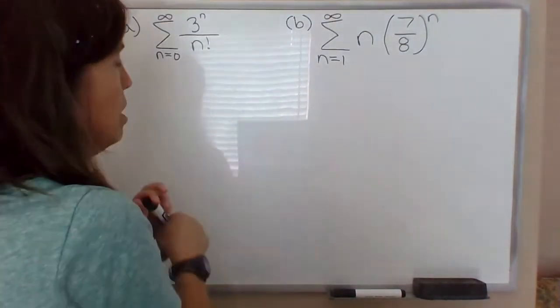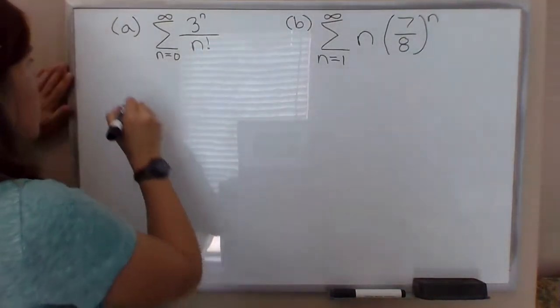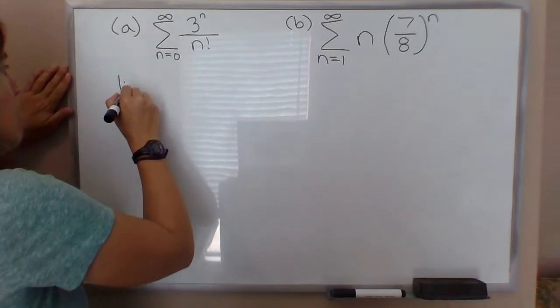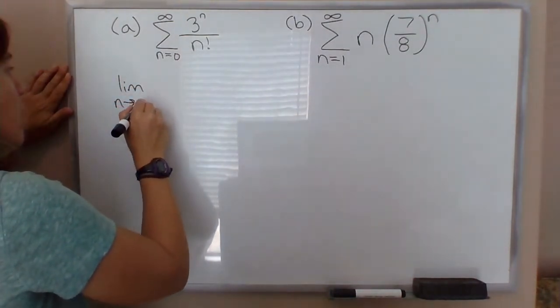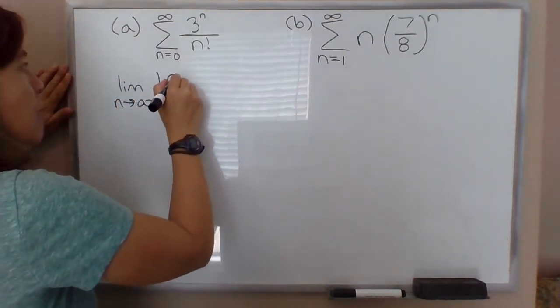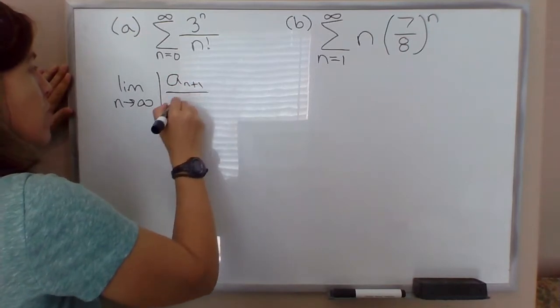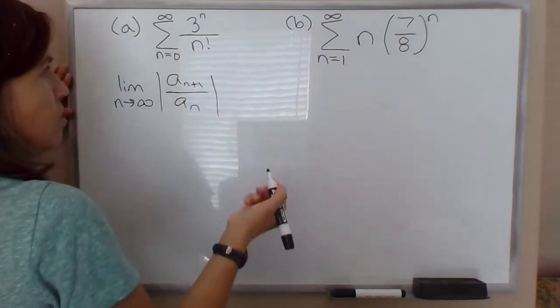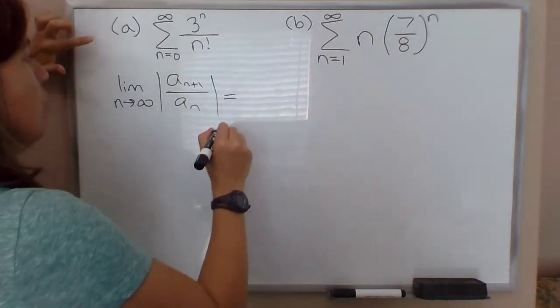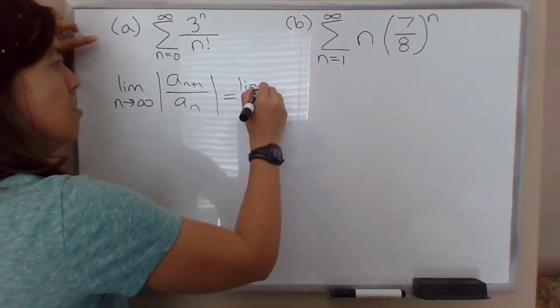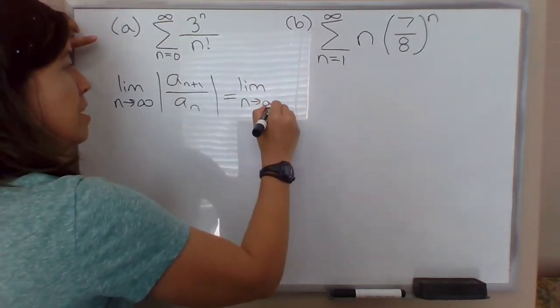So if we apply the ratio test here, the way it works is you take the limit as n approaches infinity of the absolute value of the n plus 1 term over the nth term in a series. So in the case of example A, that would be the limit as n approaches infinity.